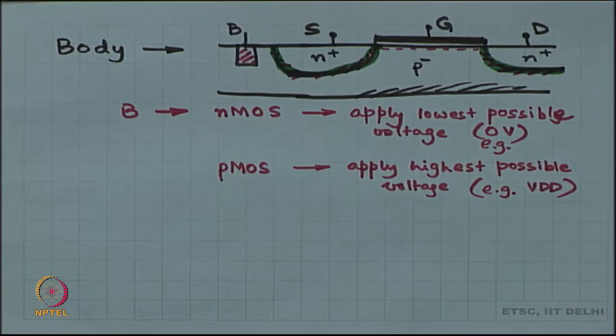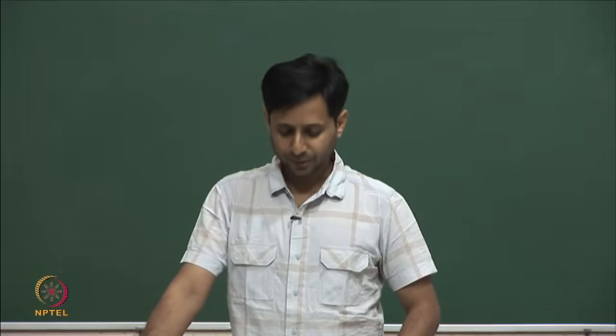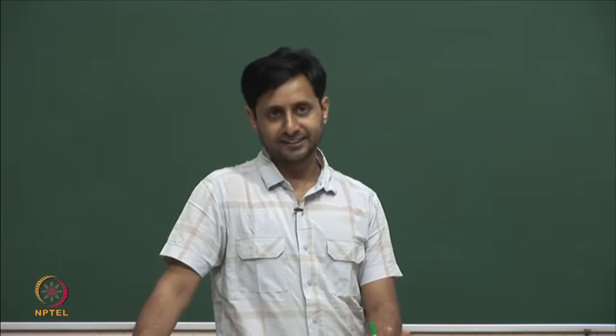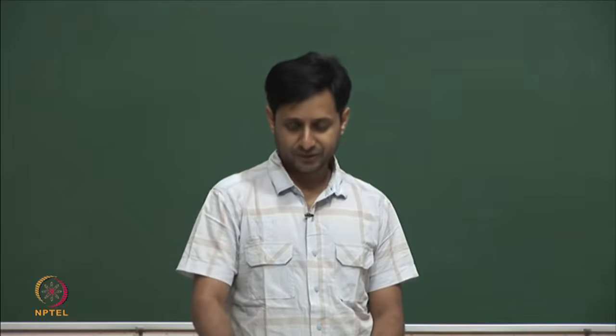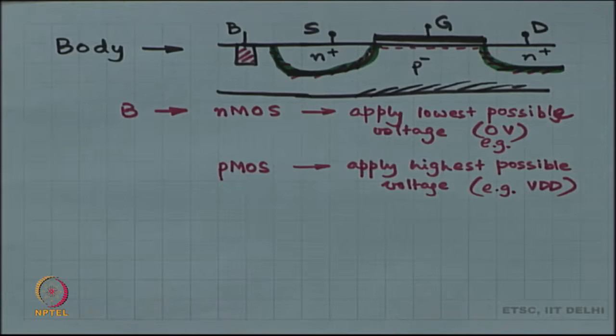Okay. When you are working with MOSFETs, the common acronym for the power supply is VDD, fine. So, ordinarily this is the strategy: NMOS devices apply the lowest possible voltage to the body and be done with it.